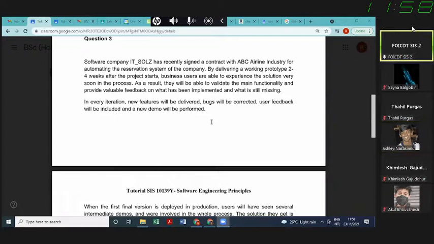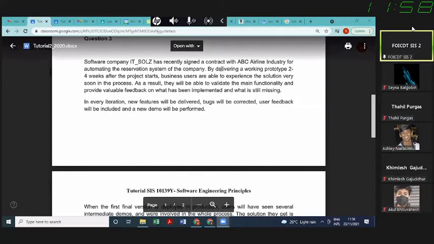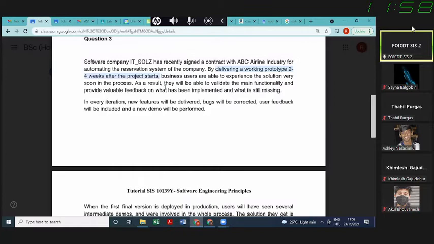A very good observation by our friend here about the time frame of 2 to 4 weeks. This shows that the first prototype is out very quickly. I agree with what you said. If you refer to the lecture notes, there is a diagram with an arrow mentioning 2 to 4 weeks.